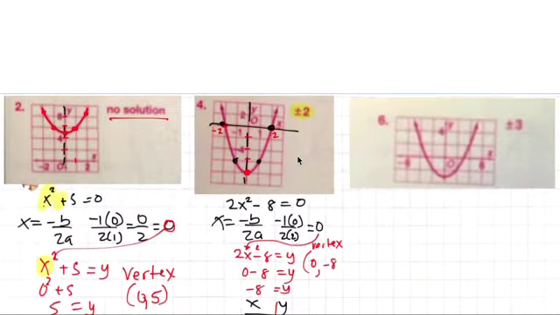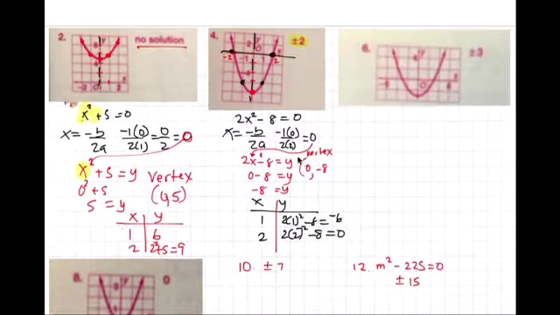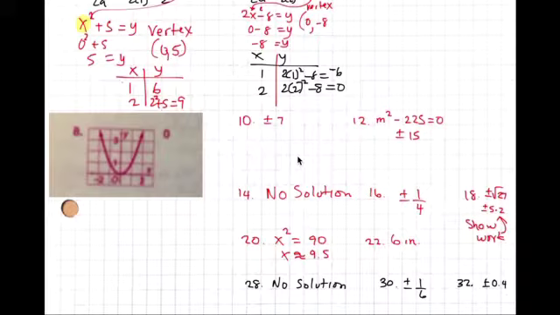Okay? And this also has 2 solutions. So that's how you do these. For now, that's how you do them, without solving, right? It says solve each equation by graphing.